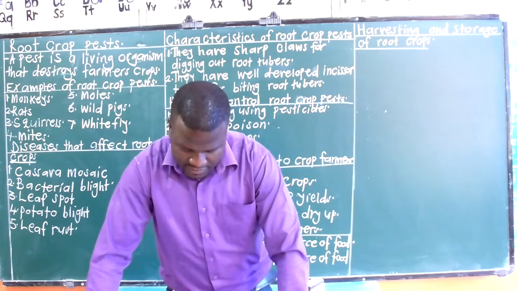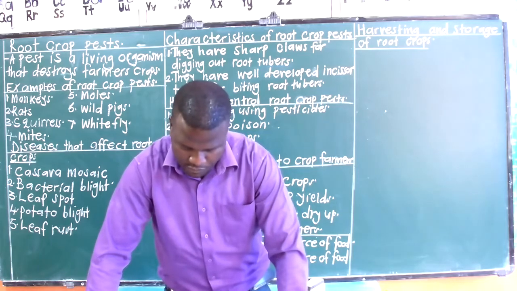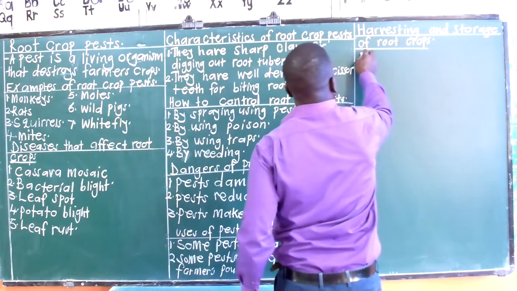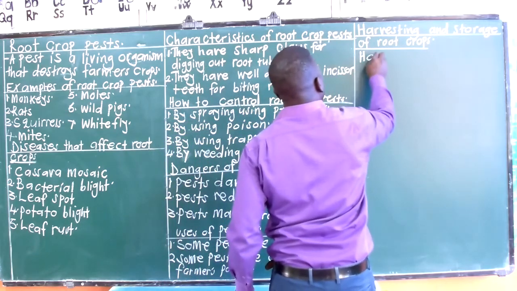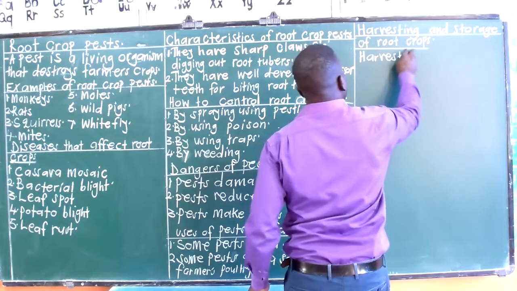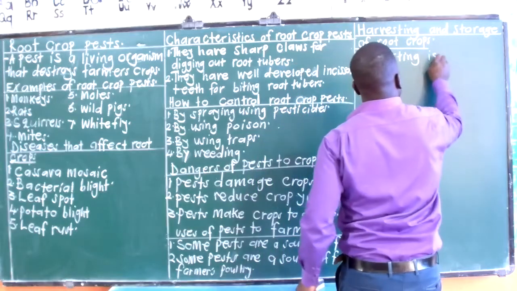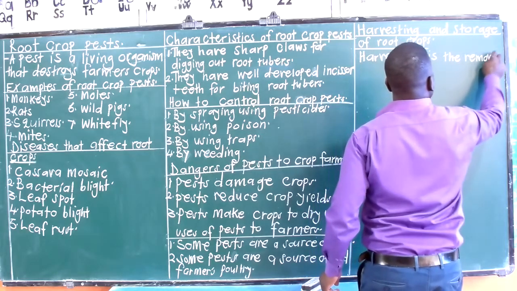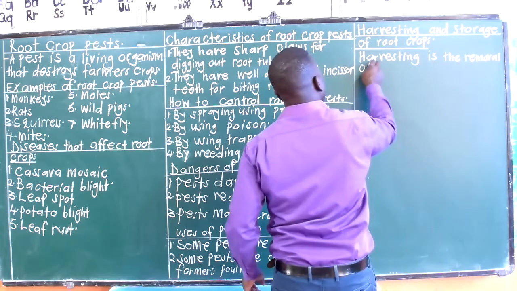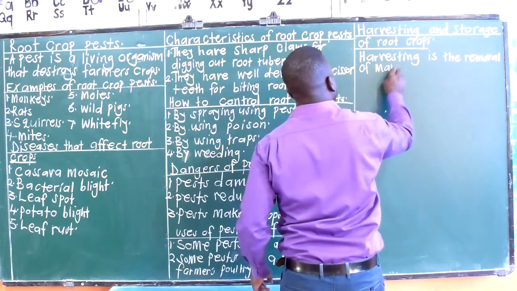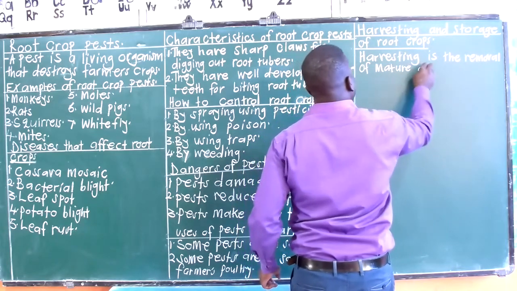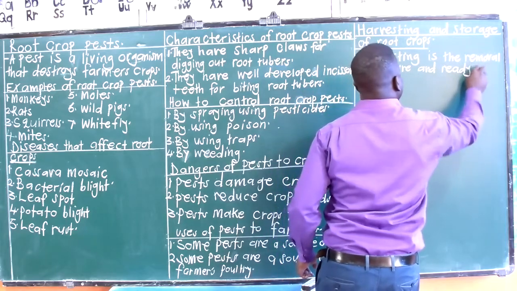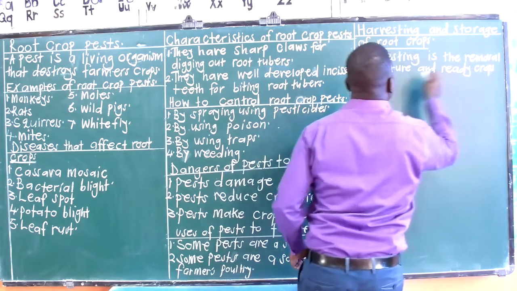Now, harvesting is the removal of mature and ready crops from the garden.